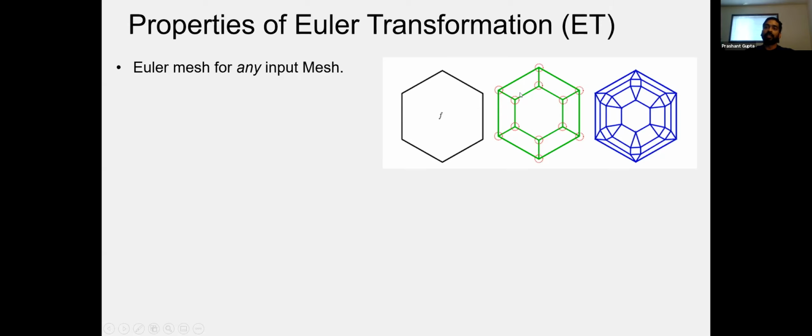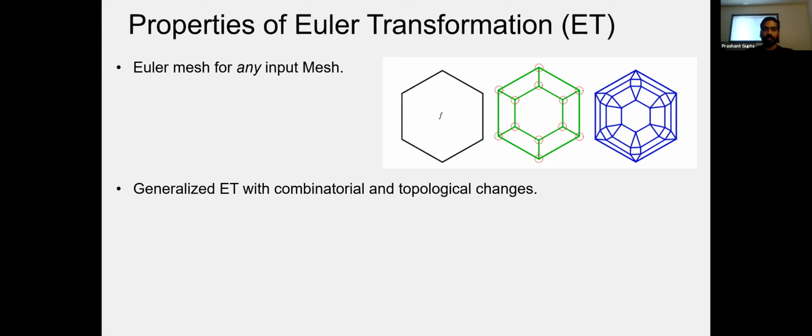But if we apply the Euler transformation again, then we can get even degree vertices. So for any input mesh, after 2 iterations of the Euler transformation, we will get even degree vertices where each vertex is connected to 4 vertices.